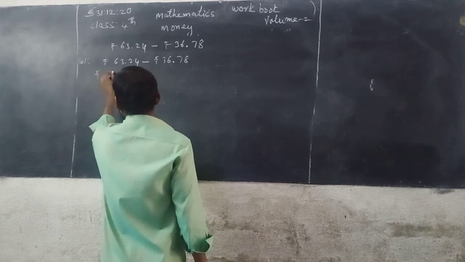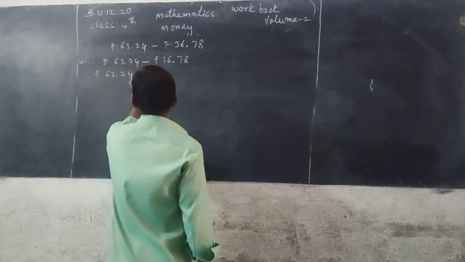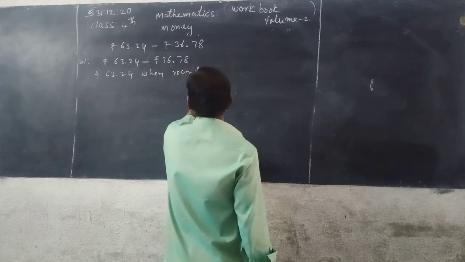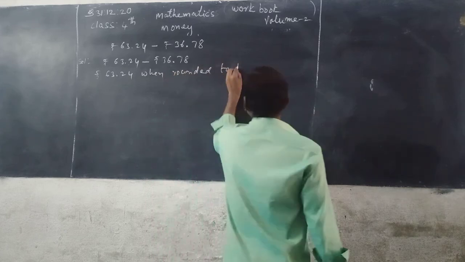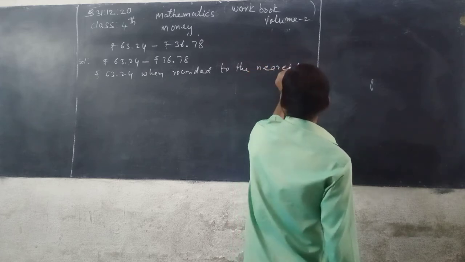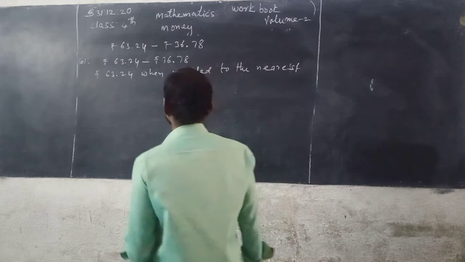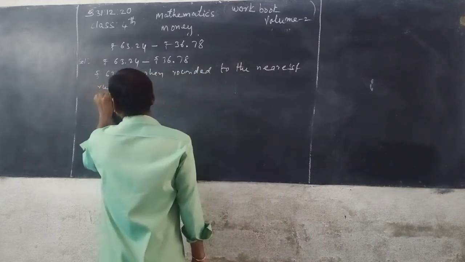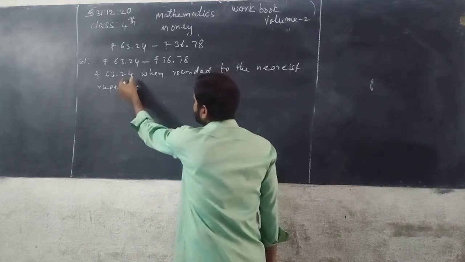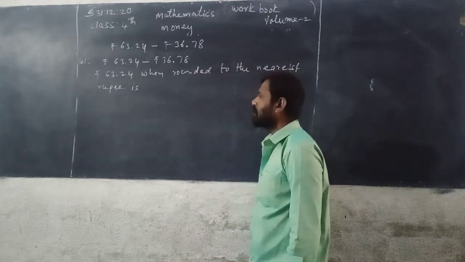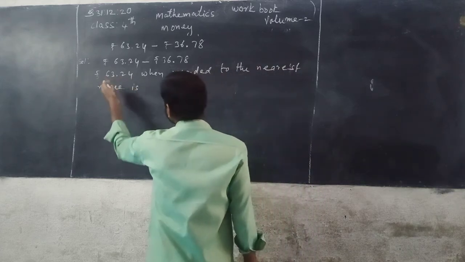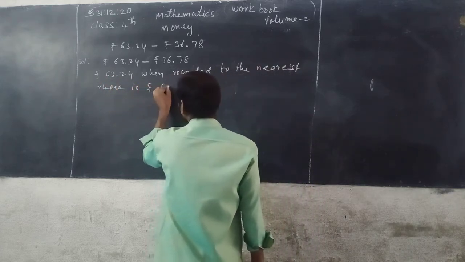First, 63 rupees 24 paise when rounded to the nearest rupee. See here, 24 paise is less than 50 paise, beta. So 24 paise is nearer to 0 rupee. Then 0 rupee is added to 63 rupees, you can get 63 rupees.